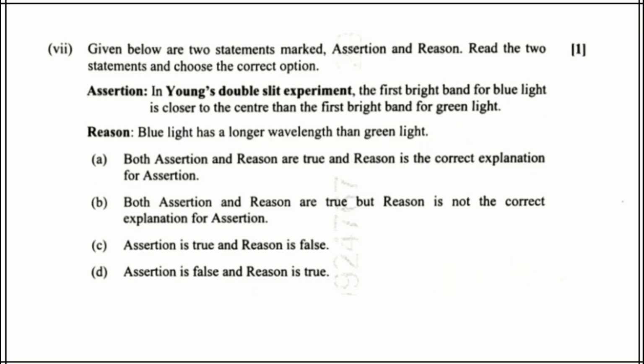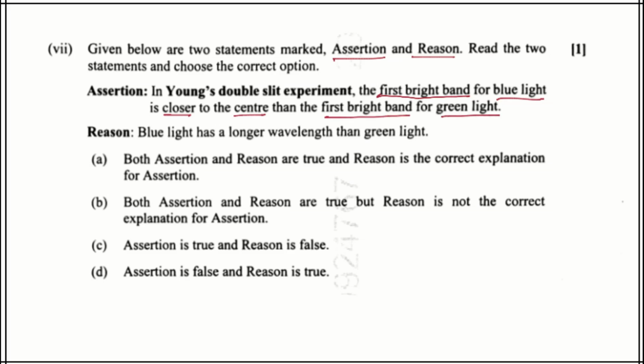Next question. Question number 7. Given below are two statements marked as assertion and reasoning. Read the two statements and choose the correct option. Assertion: in Young's double slit experiment, the first bright band for blue light is closer to the center than the first bright band for green light.